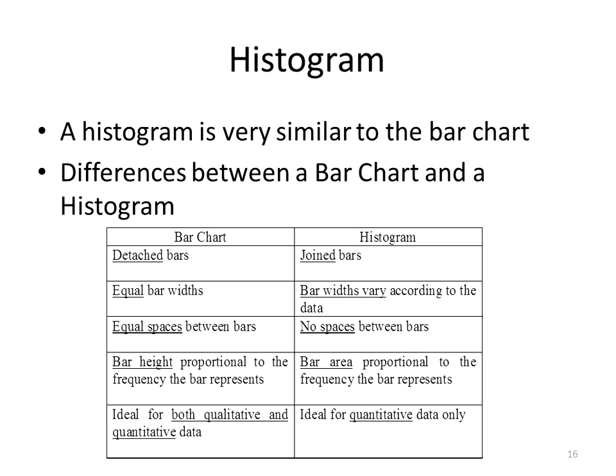The bar heights are proportional to the frequency the bar represents for the bar chart, and for the histogram the bar area is proportional to the frequency the bar represents. Now, the bar chart is ideal for both qualitative and quantitative data, whereas the histogram is only ideal for quantitative data.